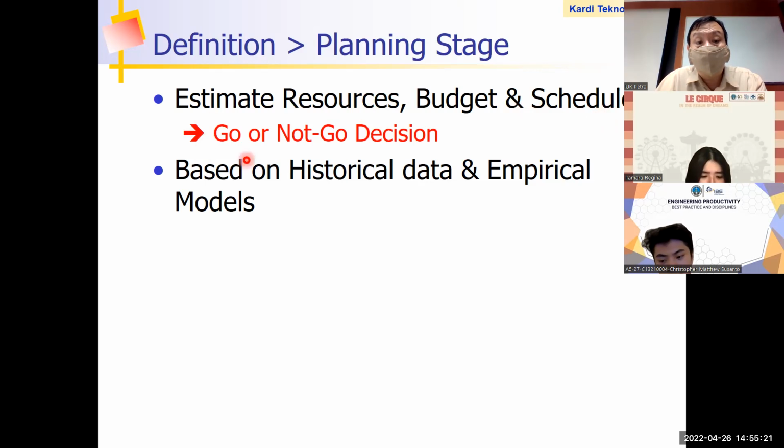This is where you make a decision. Say, for example, the budget is too big, the schedule is too long, or probably the resources are not enough for you, then don't go, right? How do you make the decision? Based on historical data or an empirical model.